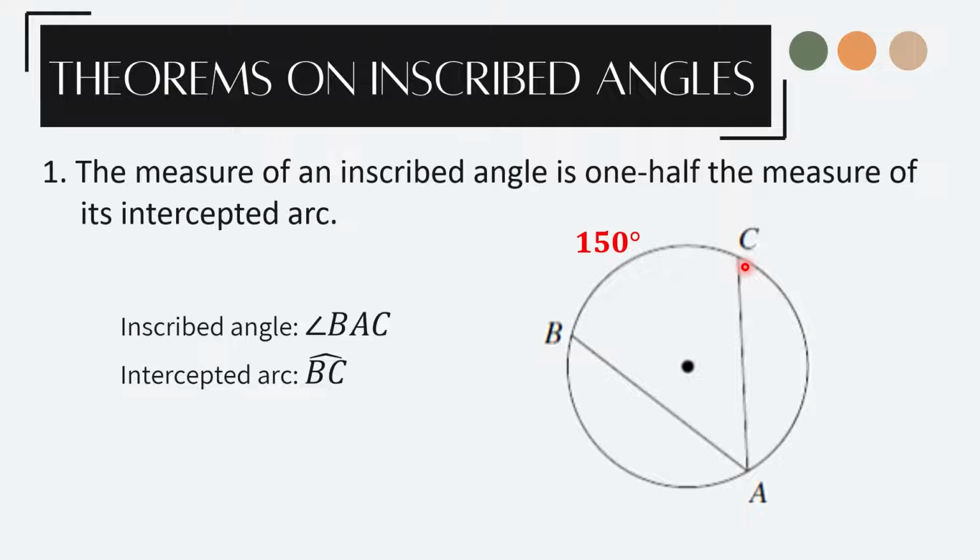Now let's say that arc BC measures 150 degrees, ano kaya ang magiging sukat or degree measure ng angle BAC? So according to this theorem, sabi, ang measure daw ng inscribed angle is half of the measure of its intercepted arc. So we simply get half of this measurement, 150 degrees. Therefore, the measure of the inscribed angle is 75 degrees.